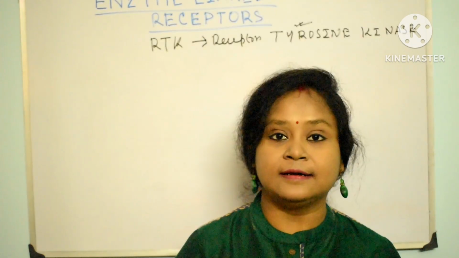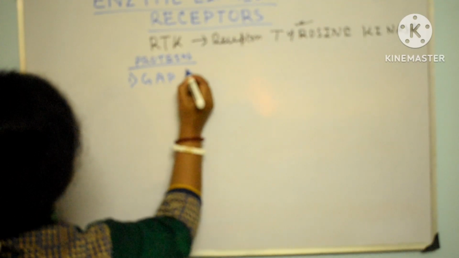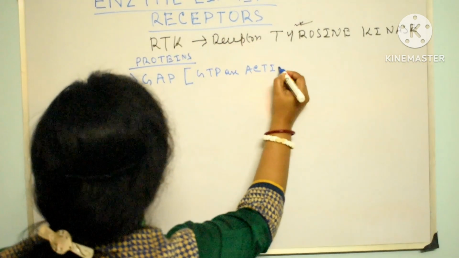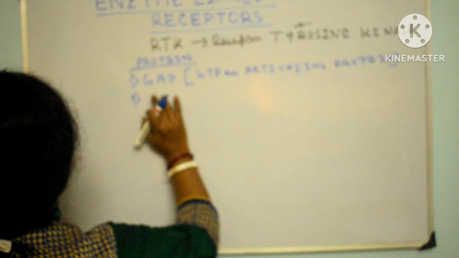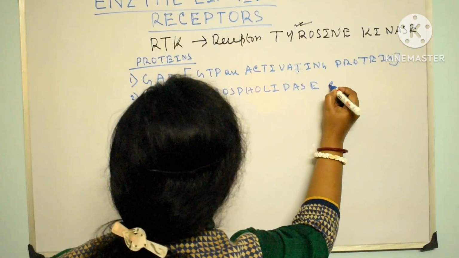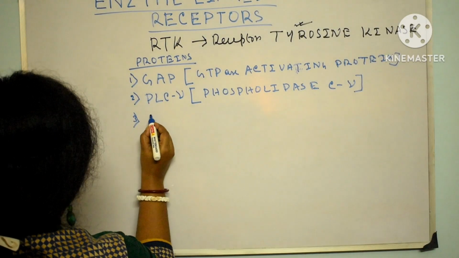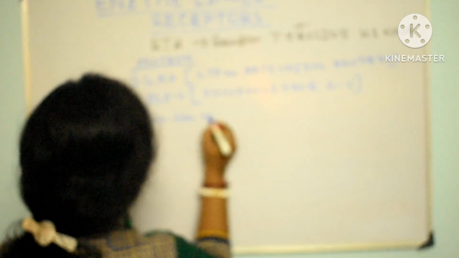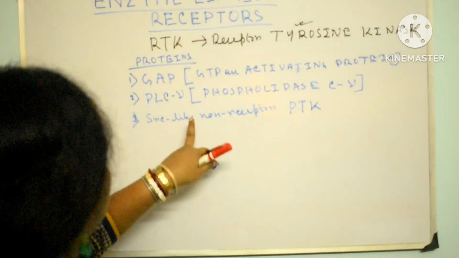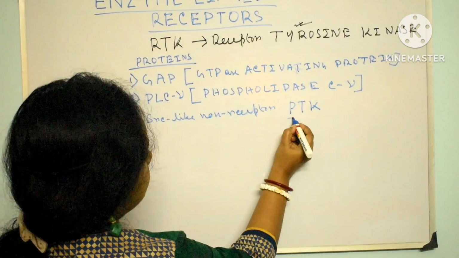Some of these proteins are GAP, GTPase activating protein, PLC gamma, phospholipase C gamma, and SRC like non-receptor protein tyrosine kinase. The activated RTK can interact with these proteins.